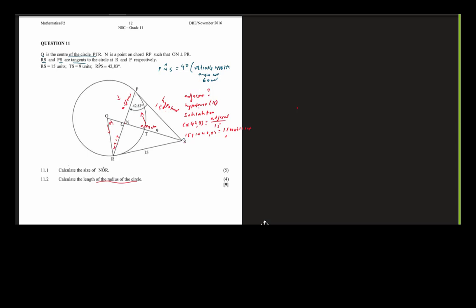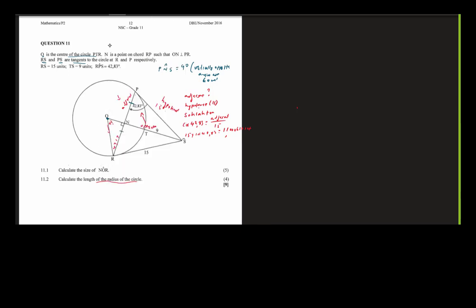PN is equal to RN. Yes, PN is equal to NR. Why? Because there is a line drawn from the center of a circle to the chord, and this line is perpendicular.